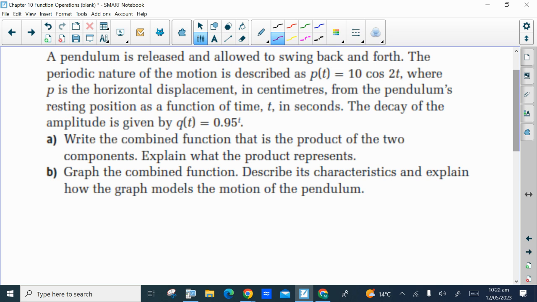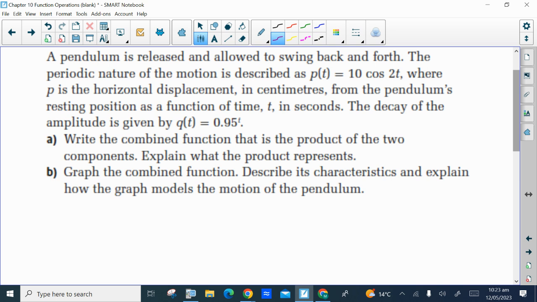The decay of the amplitude is given by q at t equals 0.95 to the t. So if you think back to what we learned about exponential functions, you have a base of 0.95, which means that the amplitude is always decreasing to 95% of what it was before the previous time, or it's decreasing or decaying by 5% each trip. That's really what it means.